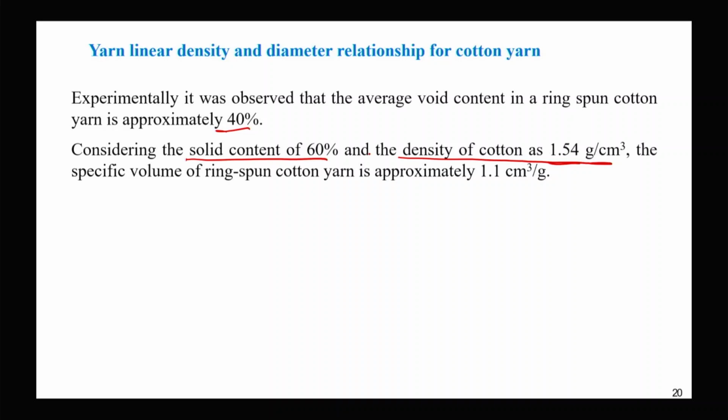If we consider these two, then the specific volume of ring spun yarn will become approximately 1.33 cubic centimeter per gram. So, if we take 1 gram of cotton yarn with a certain twist level, that resulted in approximately 40% void.